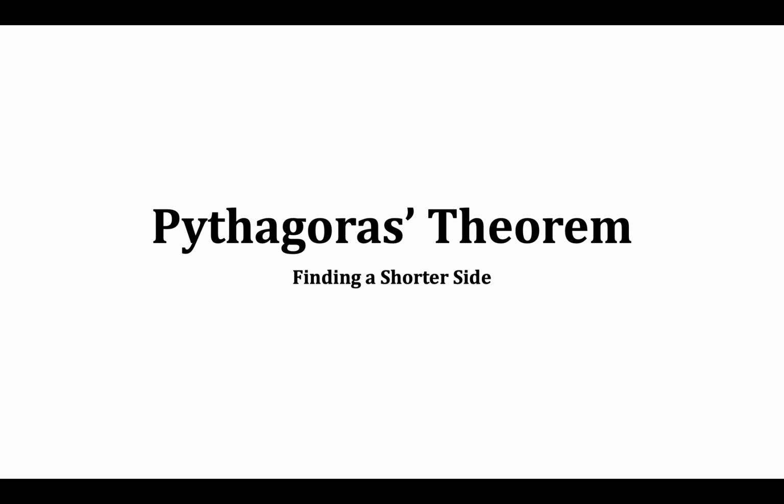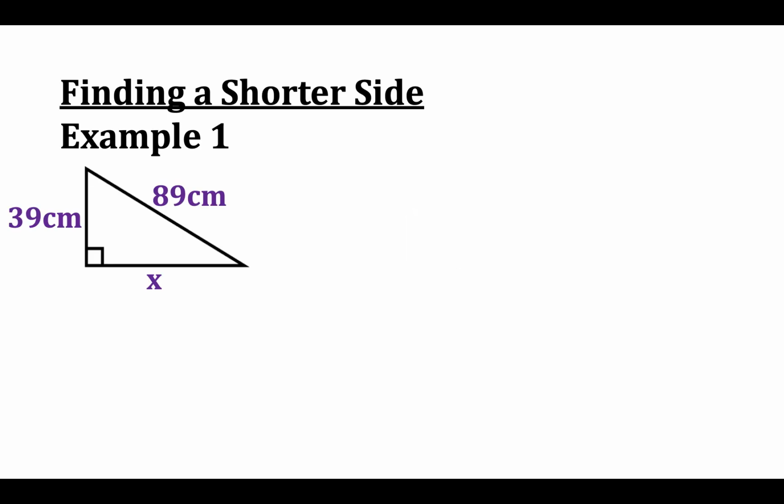Now we're going to look at finding a shorter side. So if we have a look at the first example here, we've got a right angle triangle once again. We've got lengths 39 and 89 and x, all in centimetres.